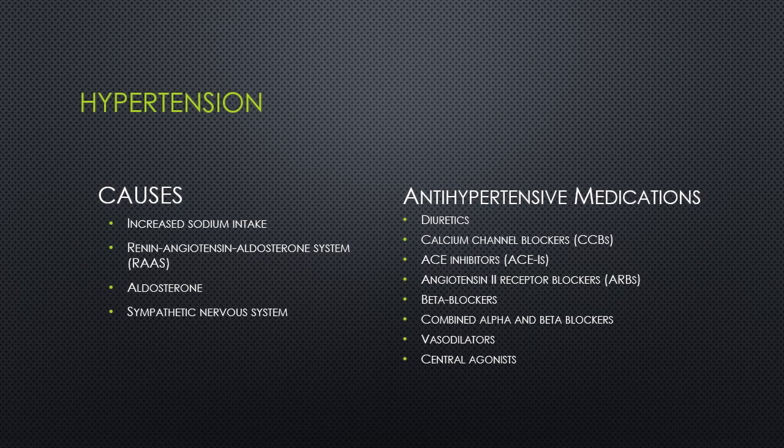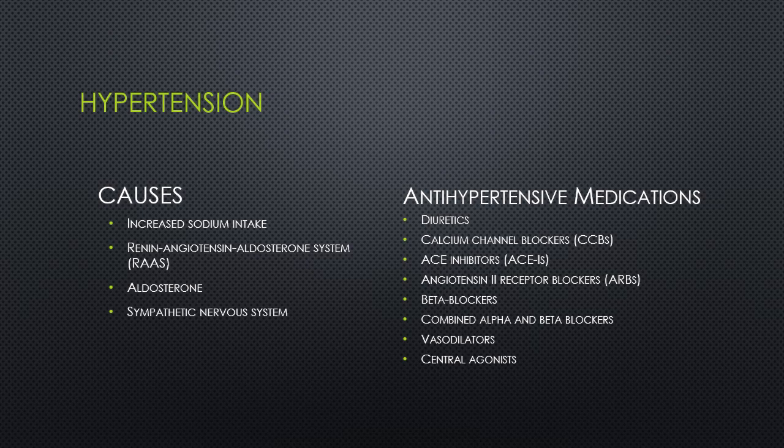Drugs like calcium channel blockers and beta blockers can reduce the heart rate as well as the force of contraction, and calcium channel blockers have some peripheral vascular resistance decreasing as well.